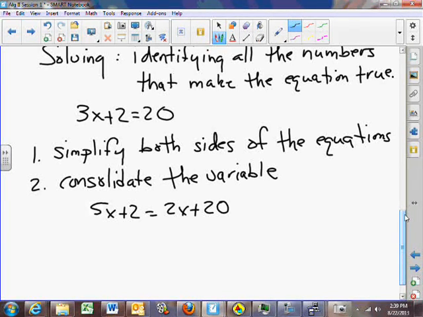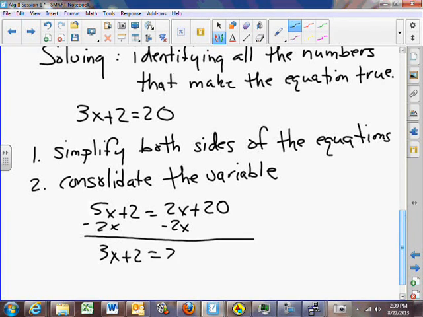So I'm going to use the addition property of equality to move this 2x to the other side by subtracting 2x from each side of the equation. Now, 5x minus 2x is 3x, and then we have plus 2. And then 2x plus 20 minus 2x is 20. And you'll notice I've used an example here that brings us back to this particular equation.